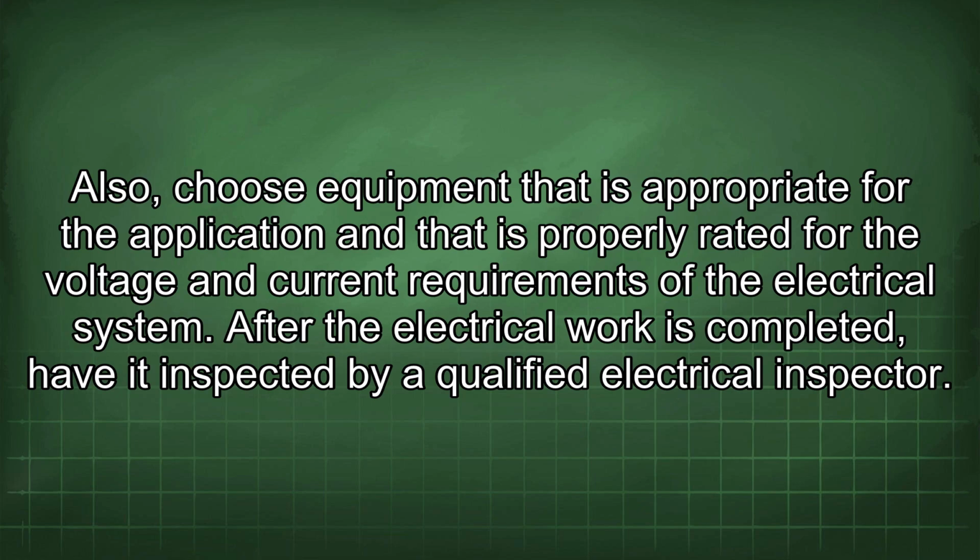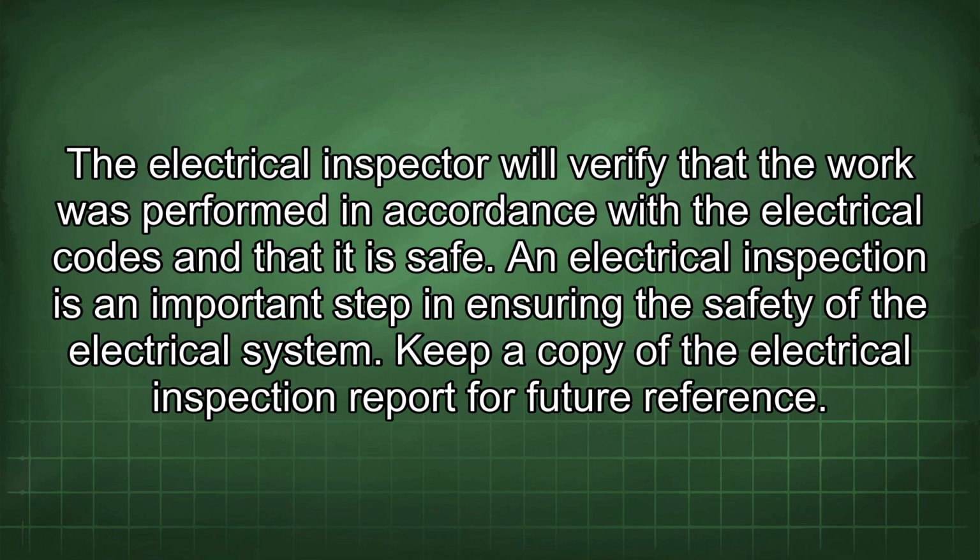After the electrical work is completed, have it inspected by a qualified electrical inspector. The electrical inspector will verify that the work was performed in accordance with the electrical codes and that it is safe. An electrical inspection is an important step in ensuring the safety of the electrical system. Keep a copy of the electrical inspection report for future reference.